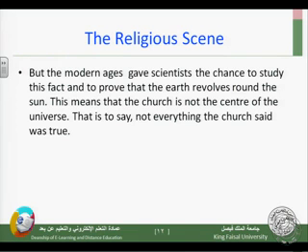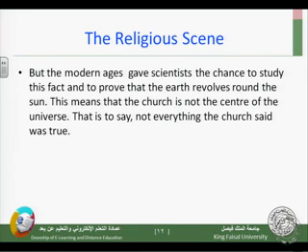Now, the modern ages gave scientists the chance to study this fact. Before that time, there was no study, no examination, no questioning, no arguing, no debating the fact that the church was at the center of the universe.